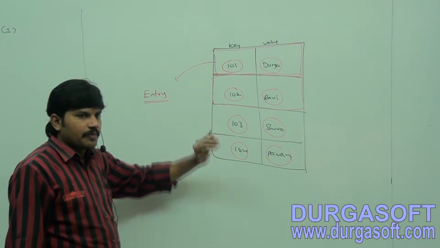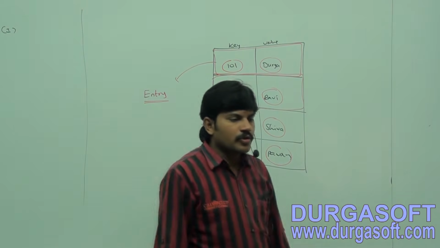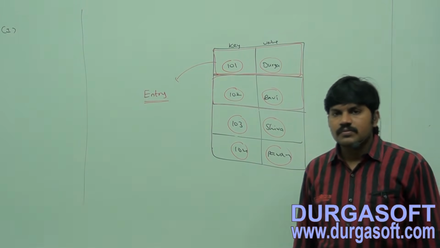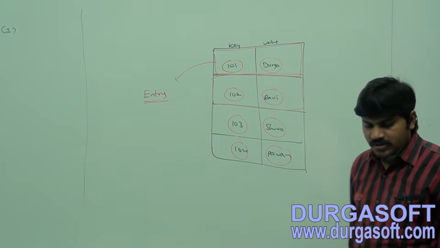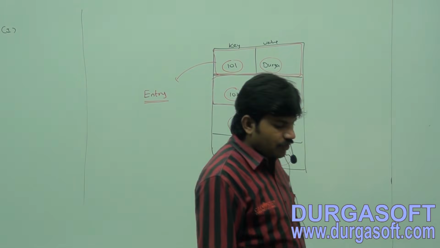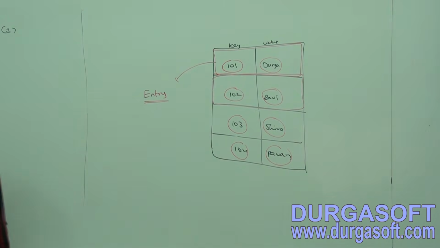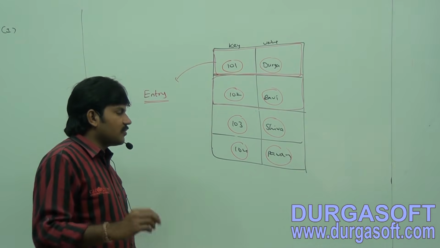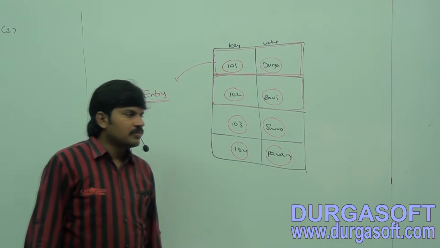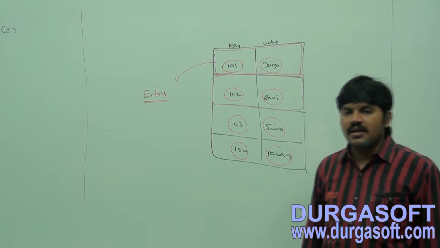At that point, both the keys and values are objects only. Next one: duplicate keys, allowed or not allowed?